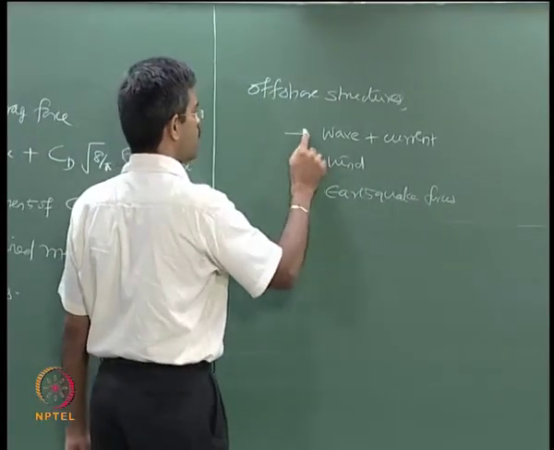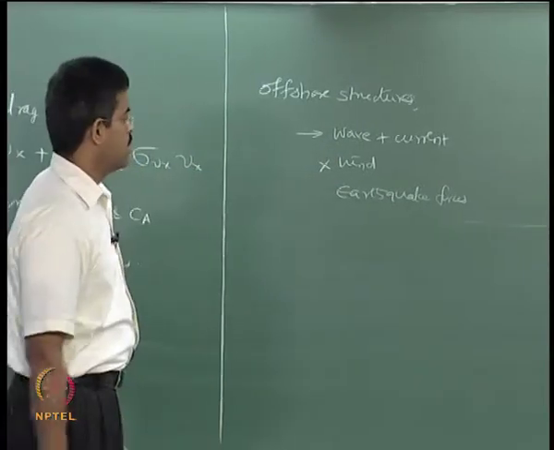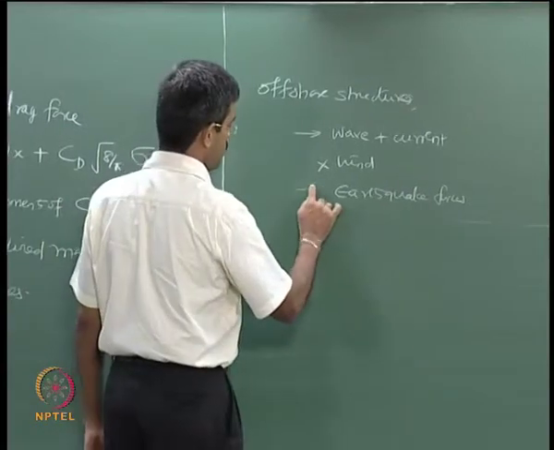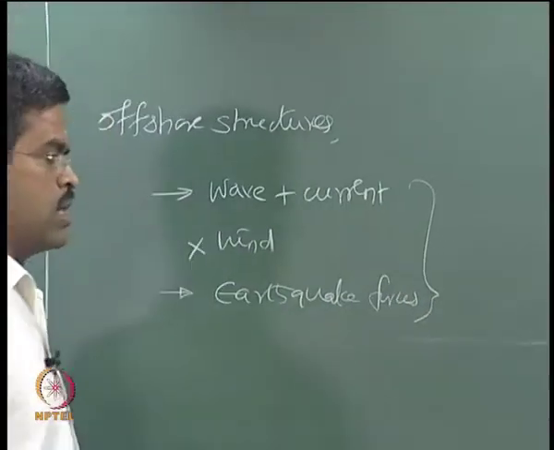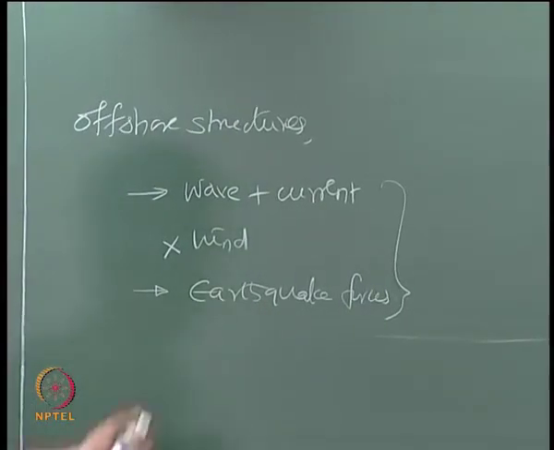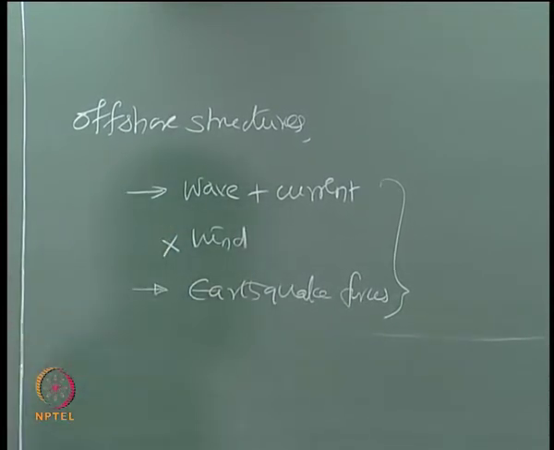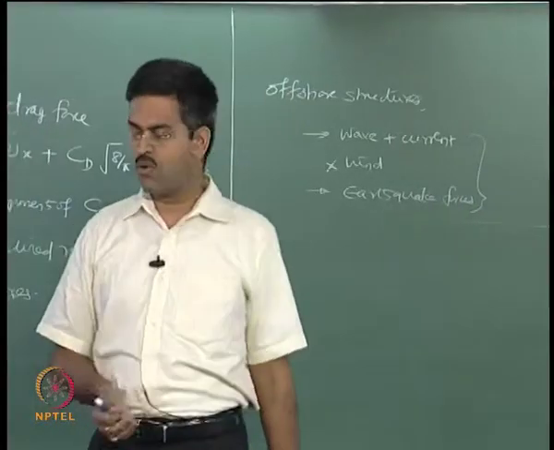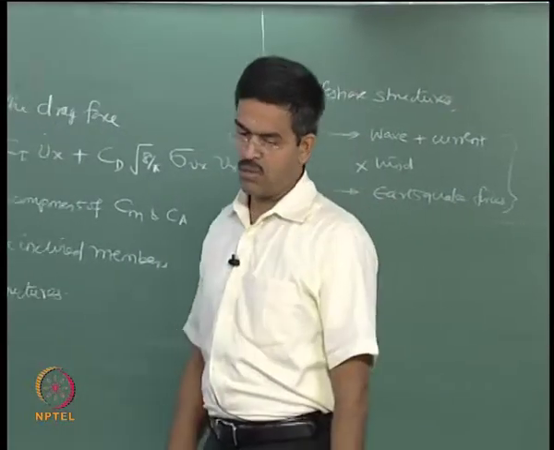Of course, the wave effect will create a lateral force on the member, plus of course the earthquake forces have to be definitely considered in offshore structures, whereas in land based structures this can be an optional criterion to add the earthquake forces to the lateral forces coming on the system. In offshore structures, as we have seen in the previous module lectures, it is mandatory that I must consider the earthquake forces coming on the system.